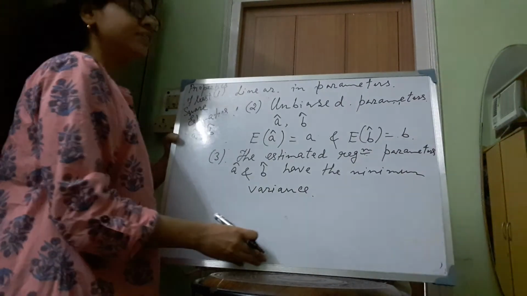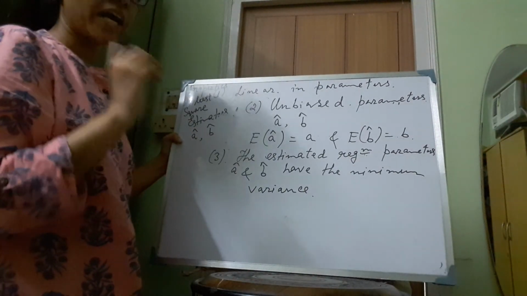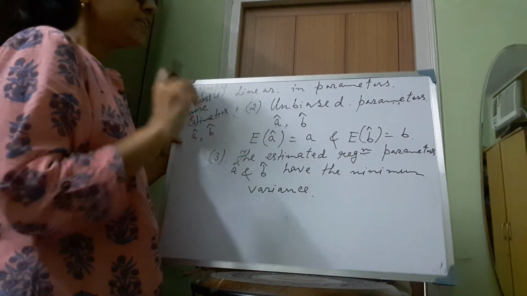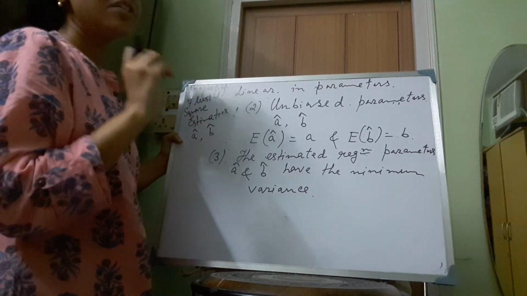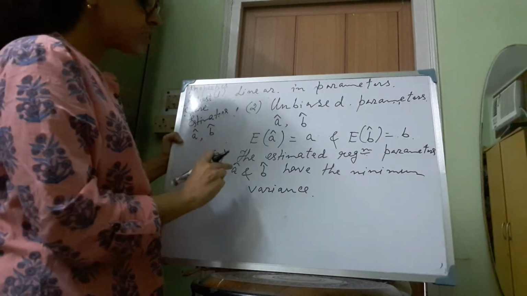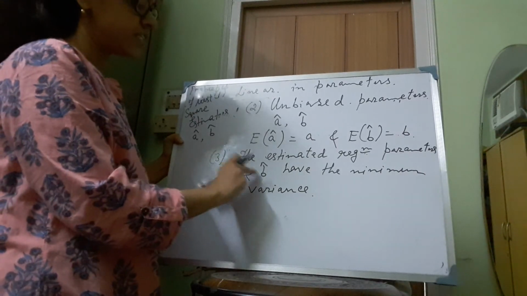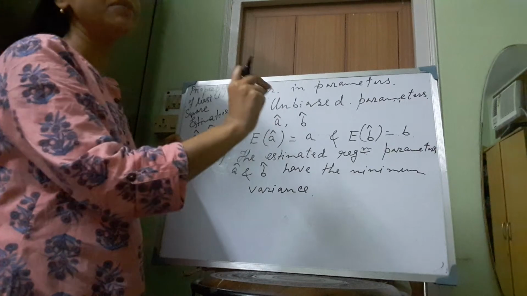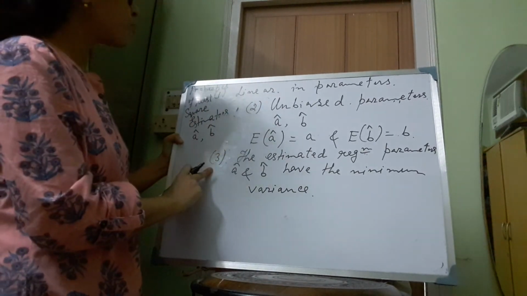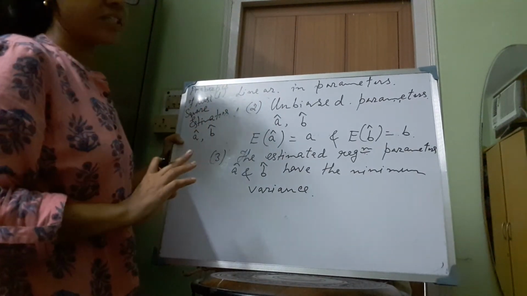So therefore, if we consider all the linear unbiased parameters, then in the class of all linear unbiased parameters, the OLS regression parameters, that is the estimated parameters, have the minimum variance. So this is the third property of the least square estimator.